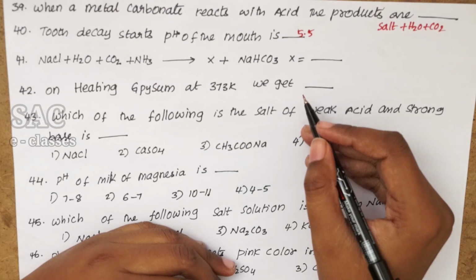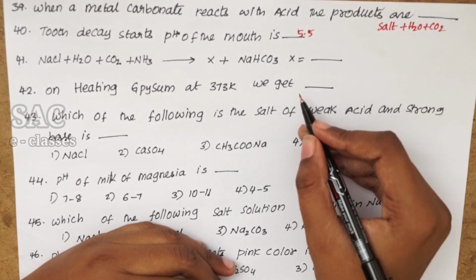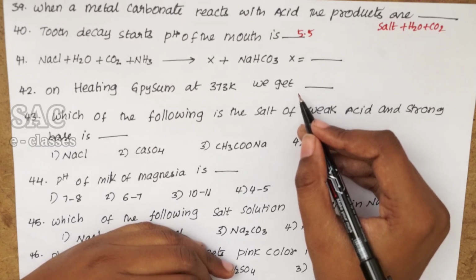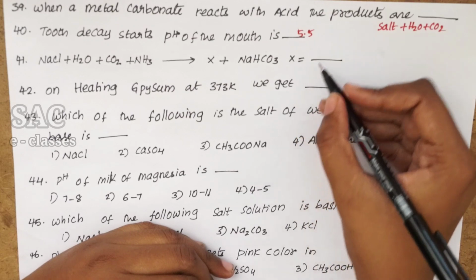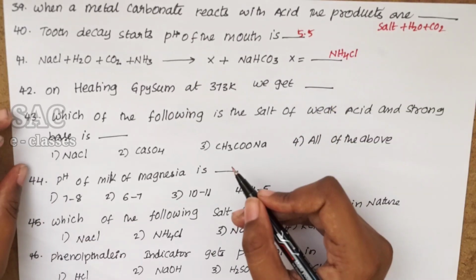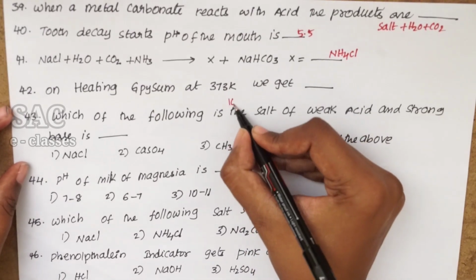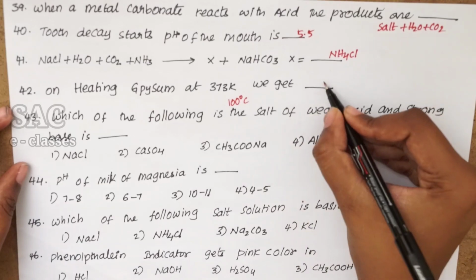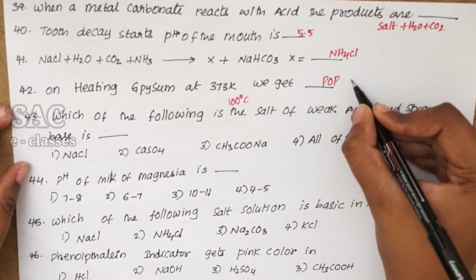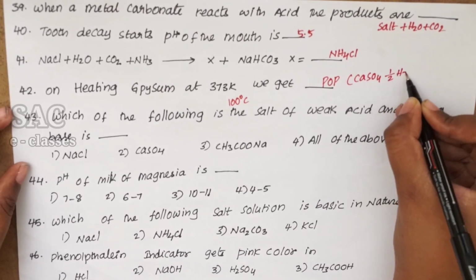NaCl, water and carbon dioxide reacted with ammonia. We will get NaHCO3 as the byproduct. Then what is the product X? Simply it is NH4Cl. On heating gypsum at 373 Kelvin, nothing but 100 degrees Celsius, we will get plaster of Paris, which is CaSO4 half H2O.